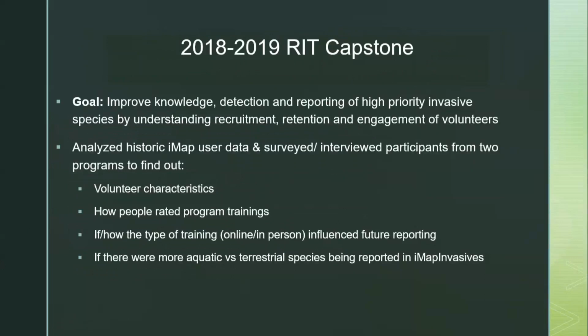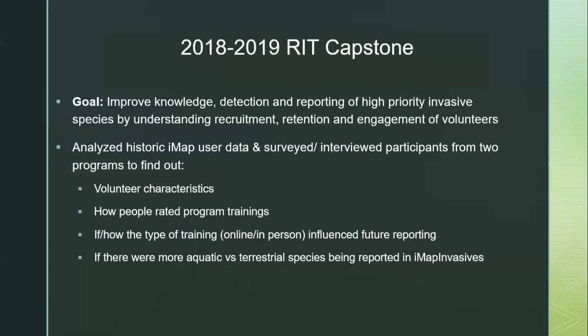So just a little more information for the 2018-2019 year. Our main goal was to improve knowledge, detection, and reporting of a few high priority invasive species by really starting to understand recruitment, retention, and engagement of volunteers who are participating in these reporting efforts. We did this in a number of ways. We analyzed historic iMap user data.